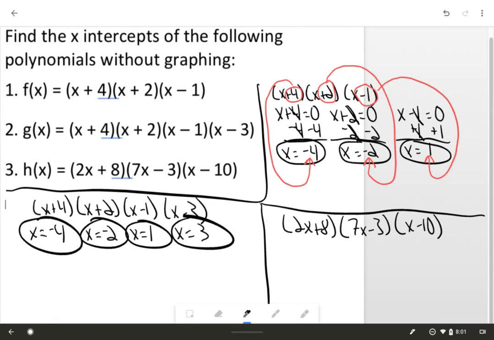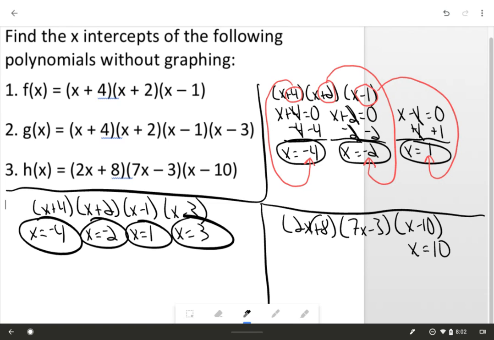Number 3 is a little different because notice I have 2x and 7x. First of all, the third factor is going to be the easiest one. I could switch minus 10 to positive 10 and make that x equals 10. Now, I can still use that same shortcut with the other ones, but I have to do an extra step.